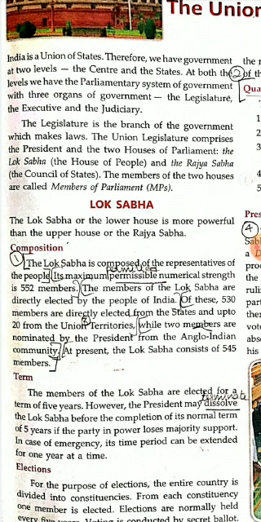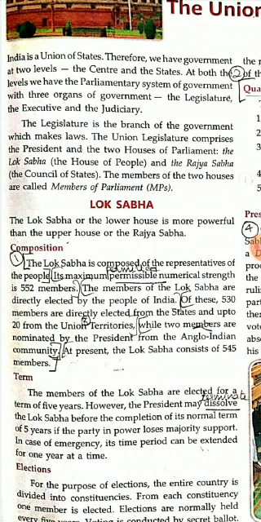The parliamentary system of government is a form of government where the party which gets the greatest representation in the parliament forms the government, and the leader of that party becomes the prime minister. So this is a parliamentary system of government, and in the state level and the central level we have this form of government, and it has three organs: the legislature, the executive, and the judiciary.